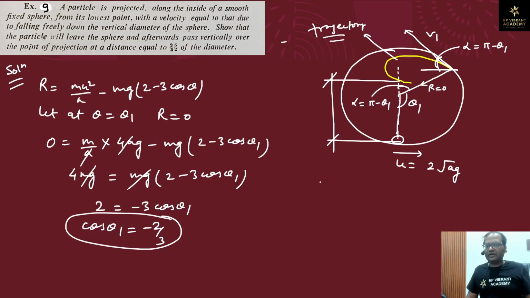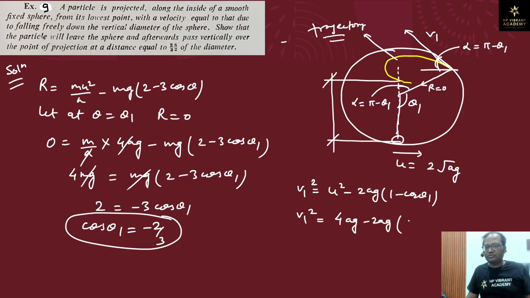Now we have to find the value of V1. V1 square is equal to initial velocity square u square minus 2ag (1 minus cos theta 1). So V1 square is equal to u square, which is 4ag, minus 2ag (1 plus 2 upon 3).